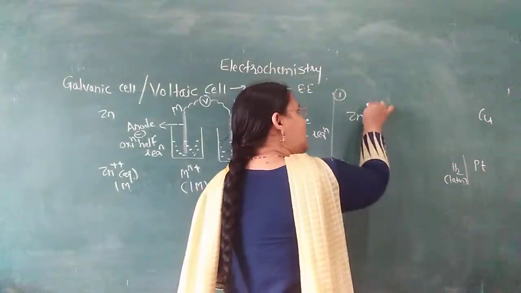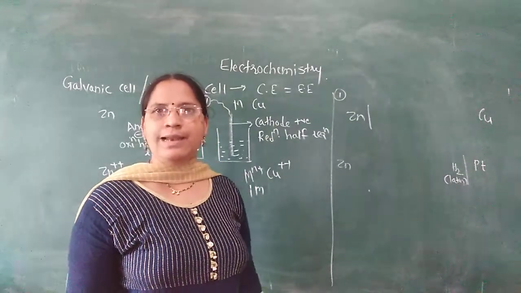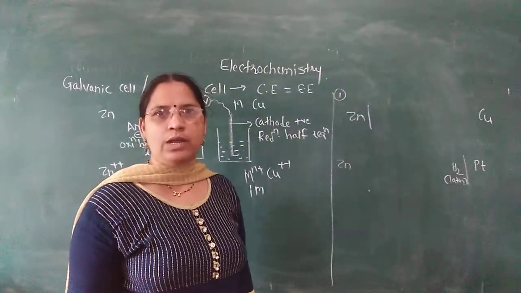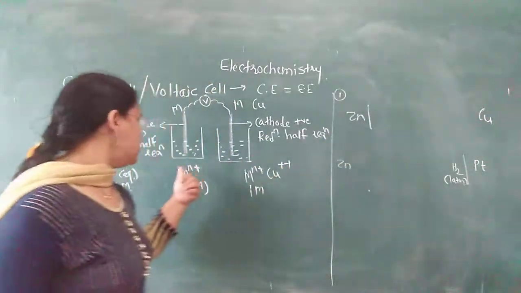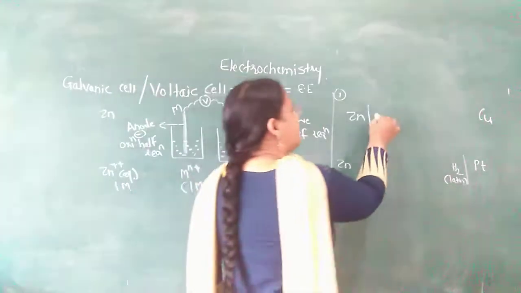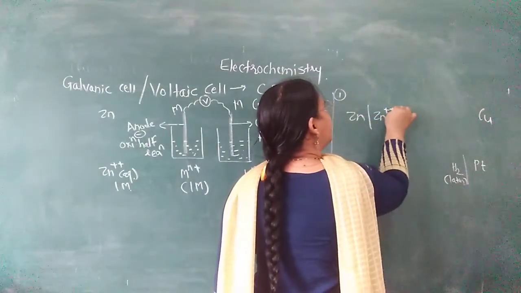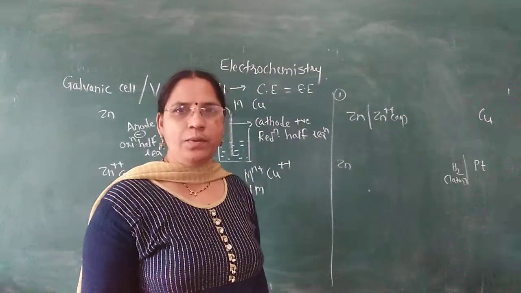Here, if any aqueous solutions are there, then we have to write the aqueous solutions of their own ions in the middle of the cell. Suppose zinc is there. Zinc is in contact with which solution? Zn++ ion. So we will write the aqueous solution of that electrolyte. We have to write it to the interior side of the metal.